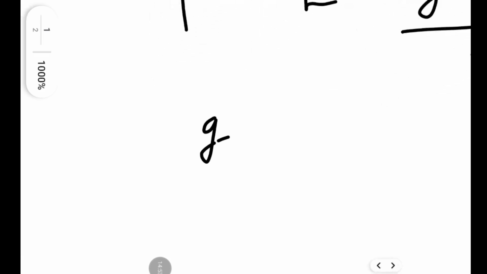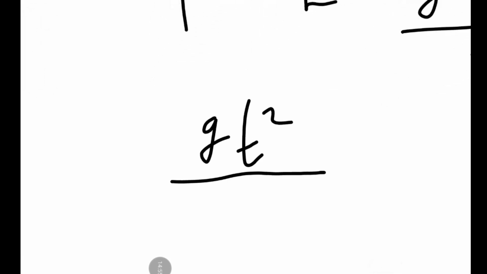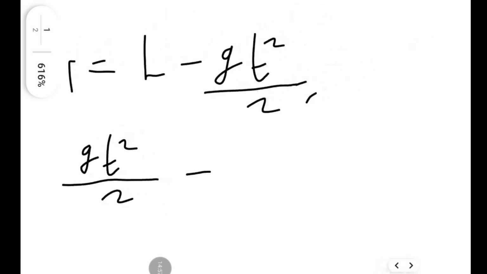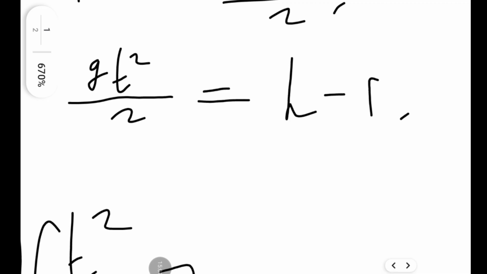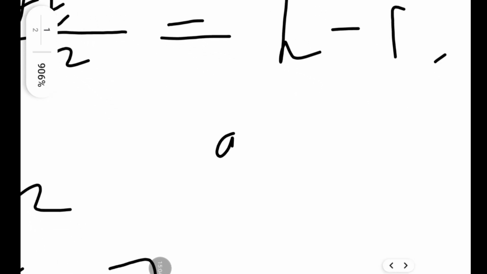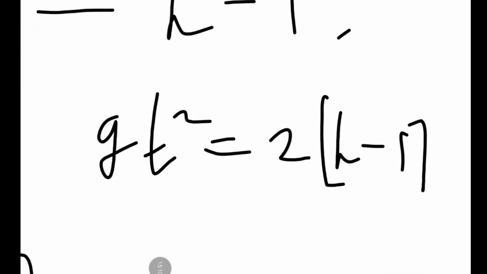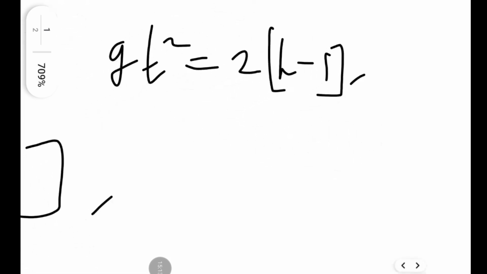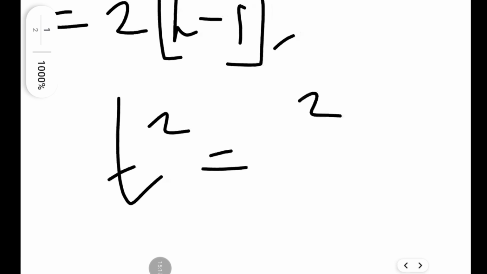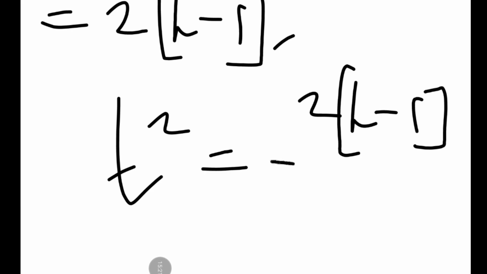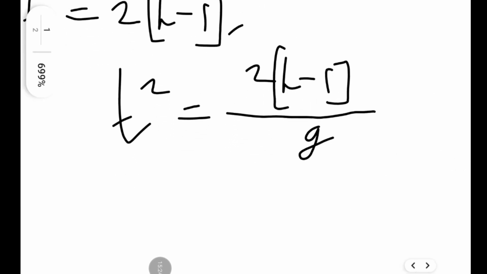I'll show you. g t squared over 2 is equal to h minus r. Then g t squared equals 2 times h minus r, and t squared is equal to 2 times h minus r, over g.